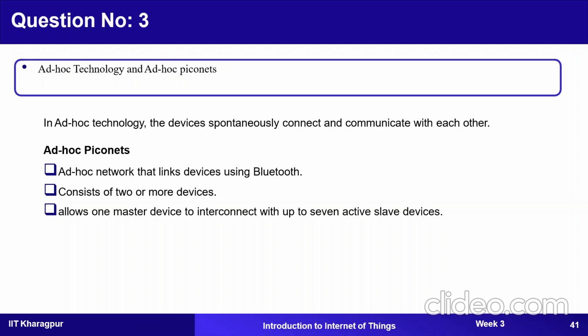In ad hoc technology the devices spontaneously connect and communicate with each other. An ad hoc network that links devices using Bluetooth is called an ad hoc piconet. It consists of 2 or more devices. It allows one master node to interconnect with up to 7 active slave nodes.